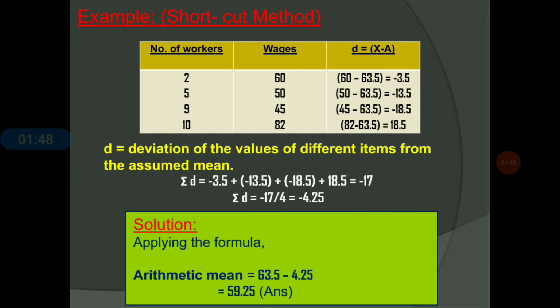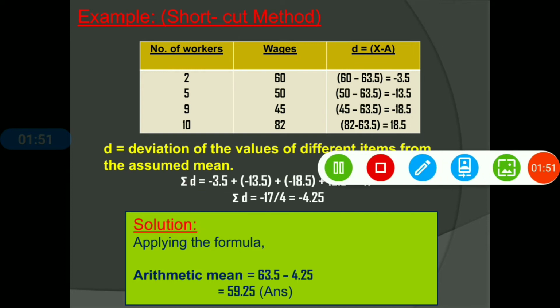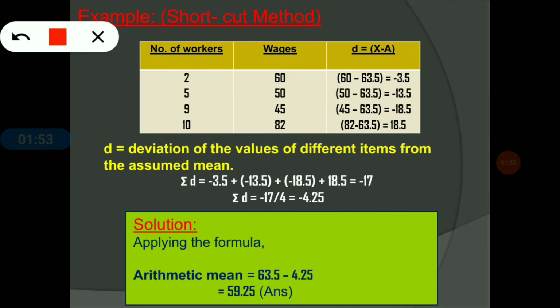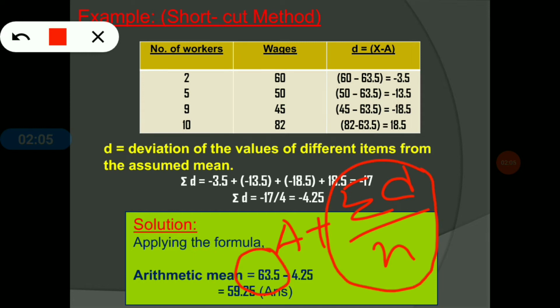We already know the formula of the arithmetic mean by the shortcut method, that is assumed mean plus summation d by n. So A equals 63.5 and summation d by n equals minus 4.25. So 63.5 minus 4.25 equals 59.25, which is the same as the direct method.